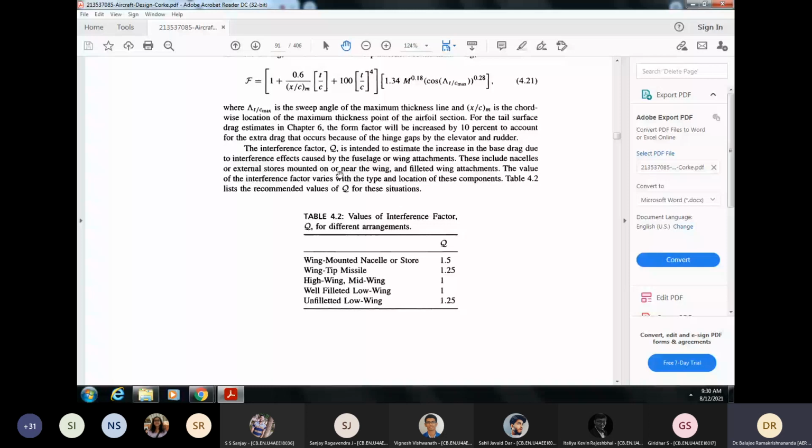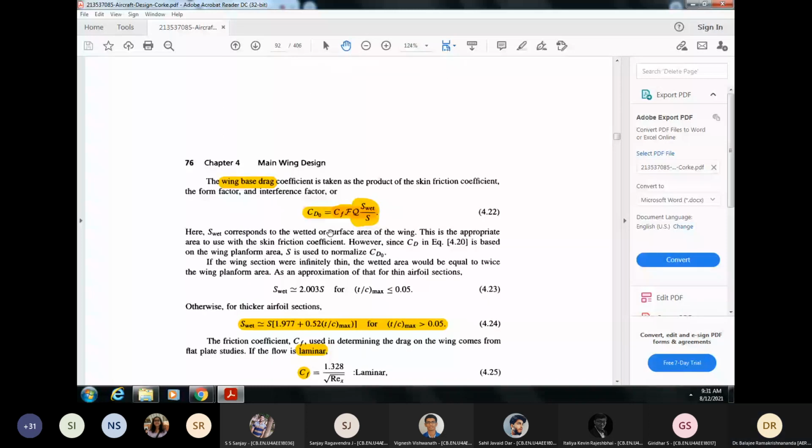You decide what type of wing you want and choose this Q factor. Then CD naught can be evaluated as CF into F into Q into S wet by S. S wet is the wetted surface area of the wing.